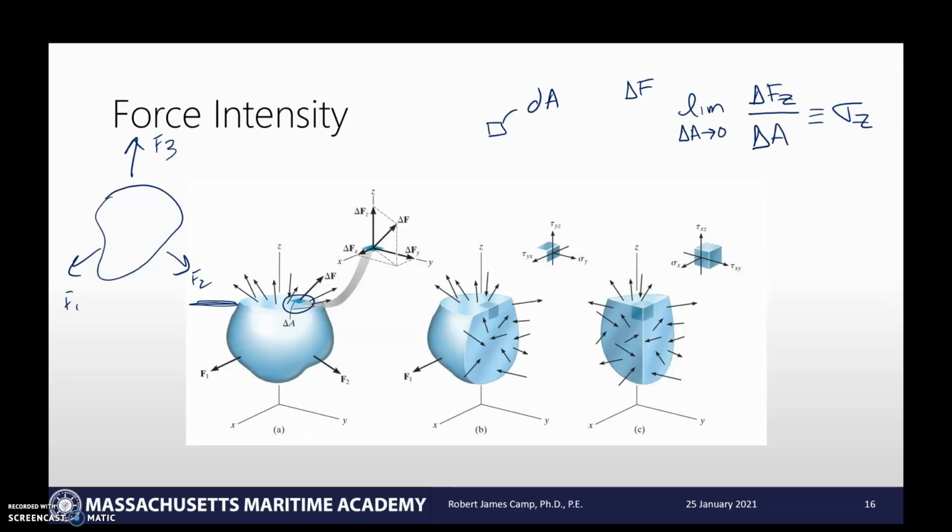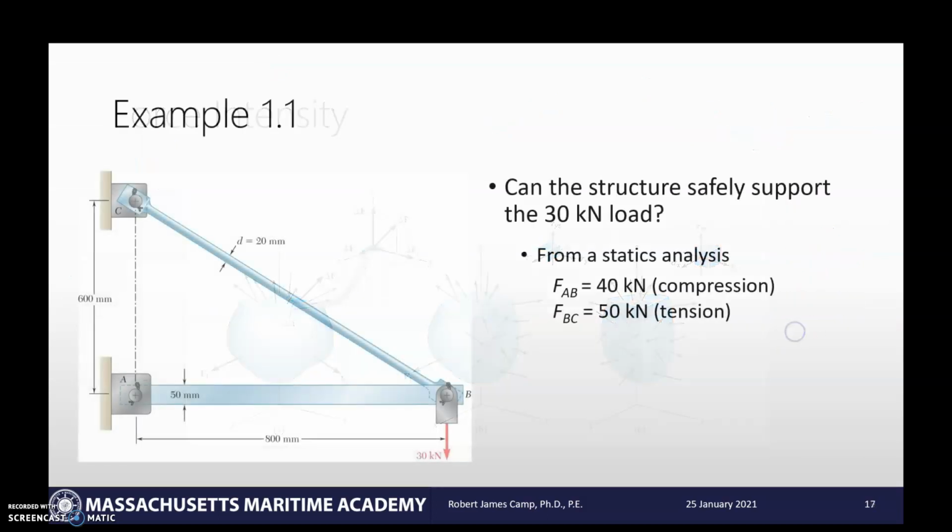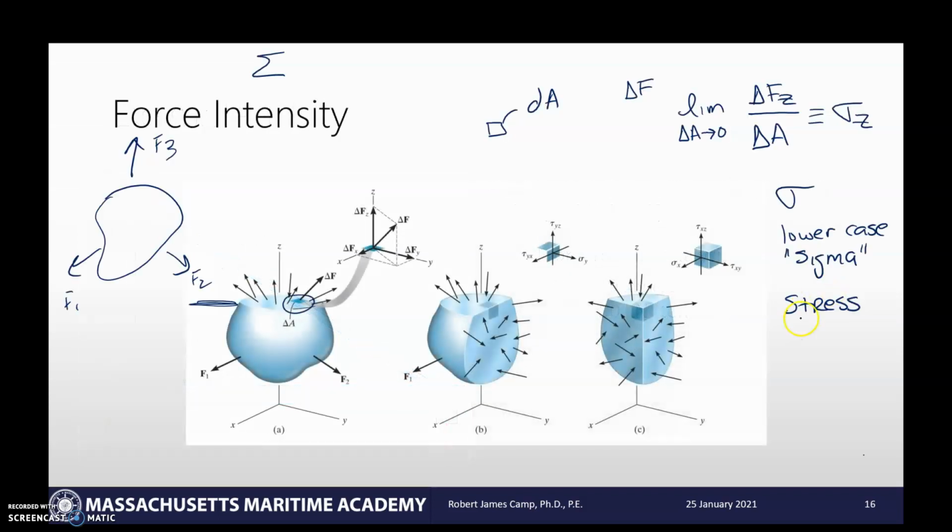So the first thing is, let's talk about that. We'll continue our classical Greek education here. What is that symbol? That is lowercase sigma. You guys are familiar with uppercase sigma, which is actually the summation sign. This is the lowercase sigma, and we're going to define that as stress. In fact, we're going to define it as a particular type of stress, and we're going to say that we're going to define this as the normal stress.